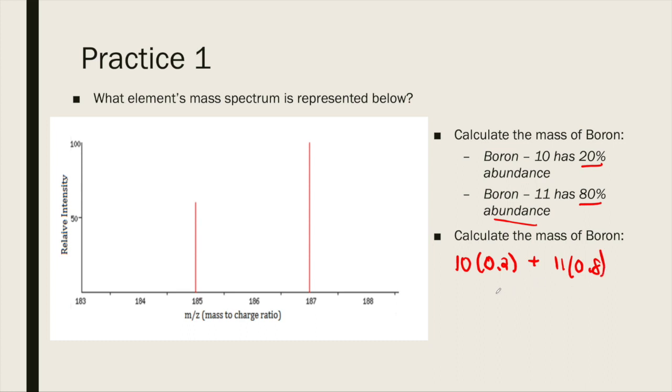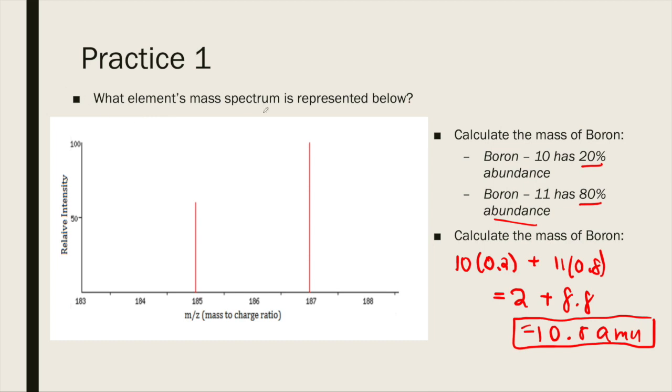What is that? So 10 times 0.2, that's just straight math, 2, right? Plus 11 times 0.8, and that's 8.8. And then now we add 2 to that, we get 10.8 AMU is the mass. All right, this question is done.